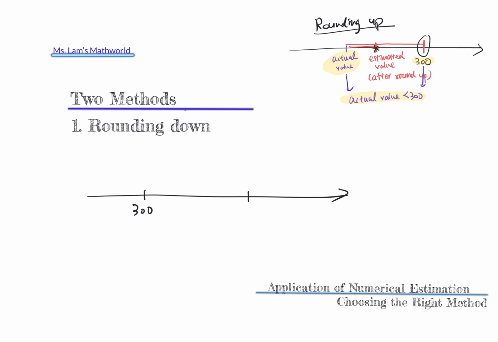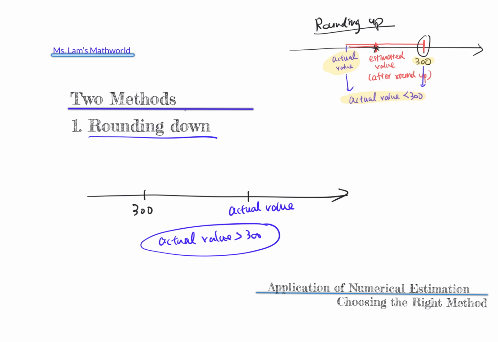So this time if the actual value is greater than 300, then we will use rounding down. Okay, so if it is greater than 300, after we round down, it has to be at least 300.